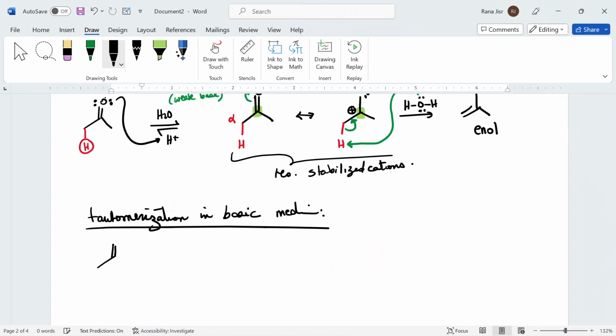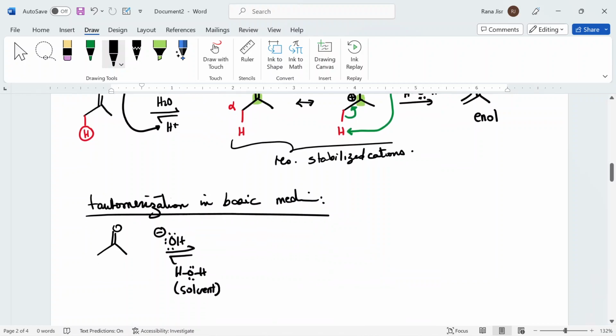In basic medium, we're going to use clearly a basic medium in the presence of water. Water in this case is going to act as a solvent. So my first step over here, since OH is a strong base, that strong base can come and take that alpha hydrogen.